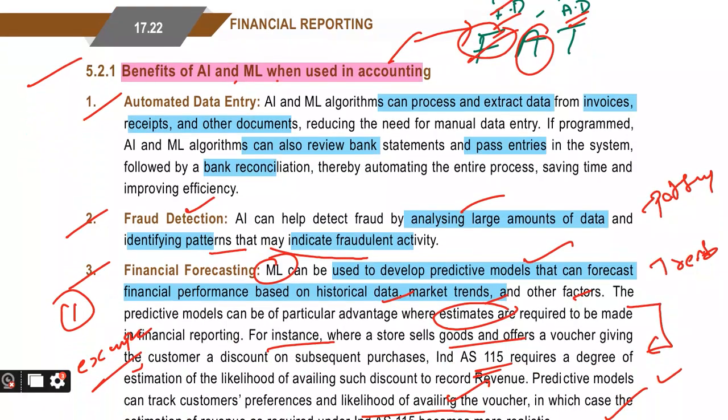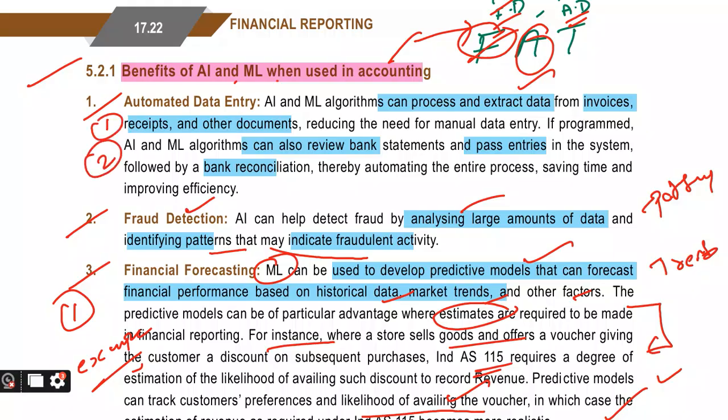So automated data entry, what is it? AI and ML algorithms can process and extract data from invoices, receipts, and other documents, so manual entry will be reduced. That is the first point you can write.